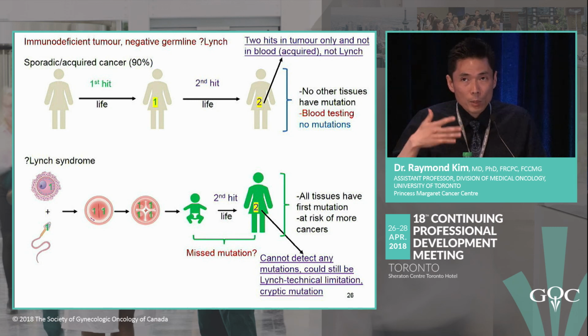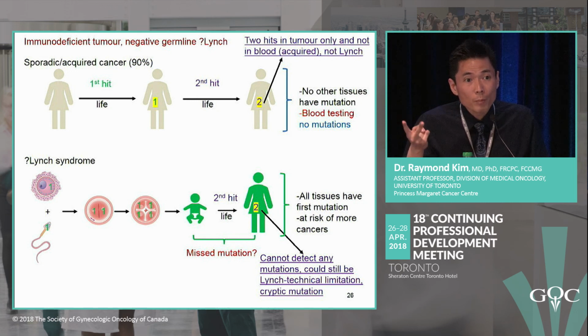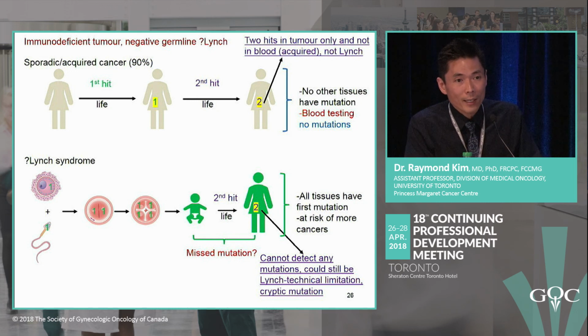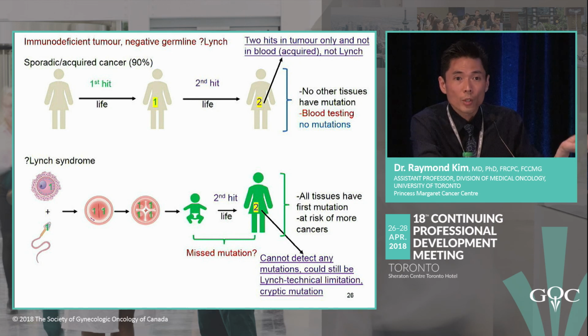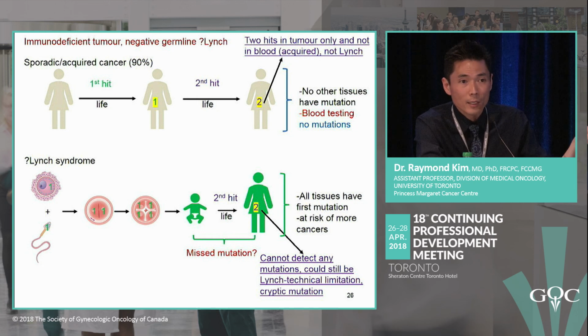In a patient who has sporadic cancer, and we look inside of their tumor, and you see 2 mutations in the tumor that you could not detect in the blood, that means that those 2 mutations in the tumor occurred during life. They weren't born with it. And that person does not have Lynch syndrome. So that's where we use analysis of the tumor to rule out Lynch syndrome in an individual. Because you still have that deficient tumor, you need to find an explanation for it. You didn't find it in the germline. Why is that protein not being expressed?